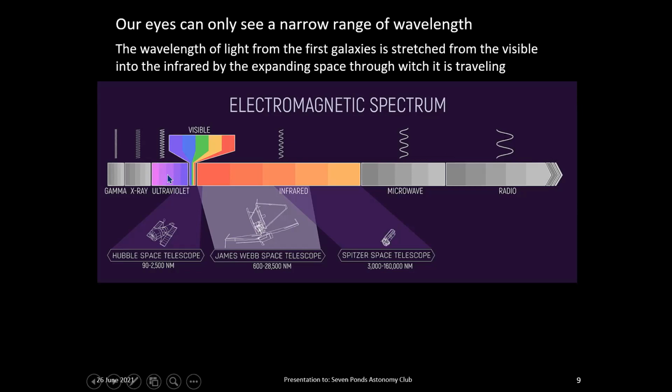Our eyes can't see ultraviolet light, but that light can burn our skin if we stay too long at the beach, for example. Our eyes are only sensitive to a very narrow slice of this spectrum. And that's because only a very narrow slice of that spectrum can propagate through the Earth's atmosphere to reach the surface. And so our eyes are evolved to match that transmission window in the Earth's atmosphere.